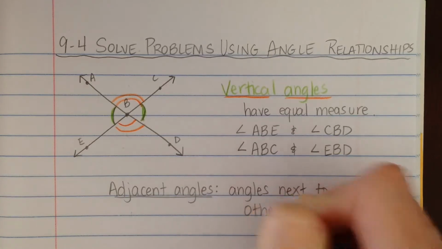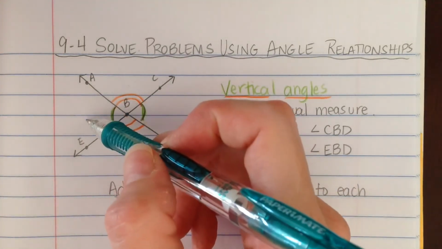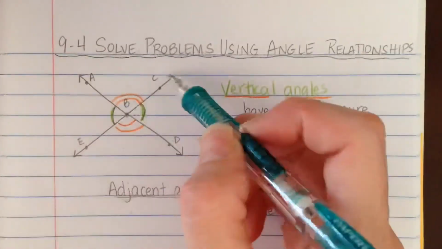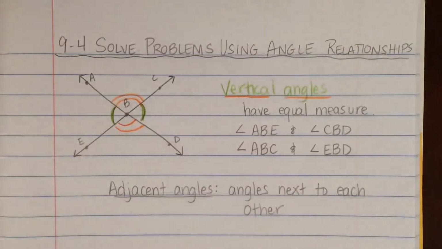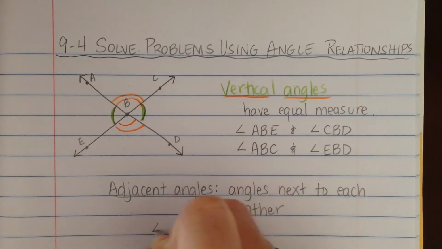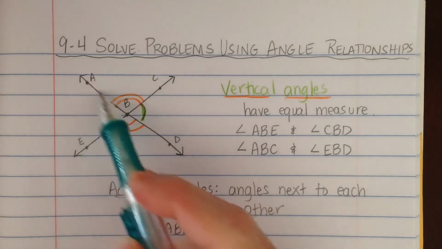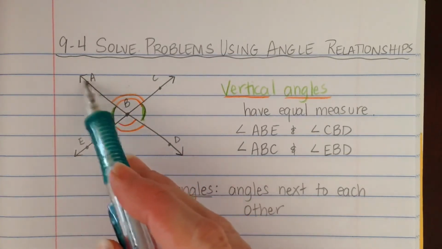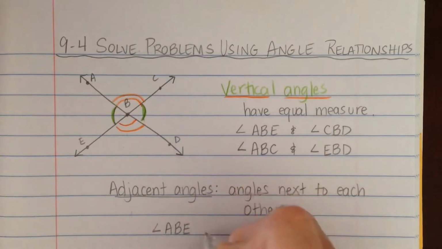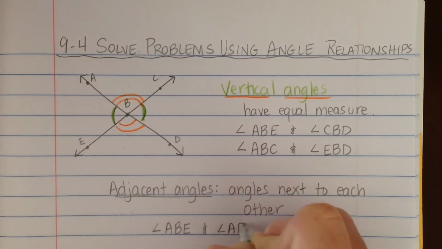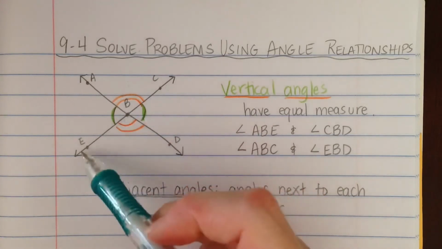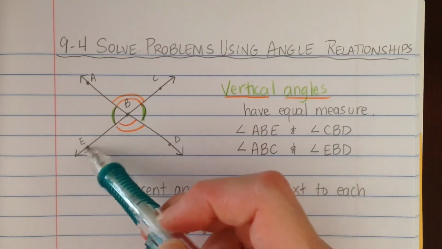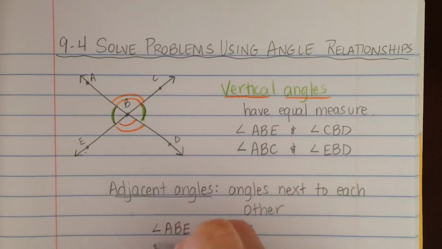For example, angle ABE, which is this one right here, and angle ABC are adjacent. Angle ABE is also adjacent to angle EBD. So there are a lot of adjacent angles in this scenario.